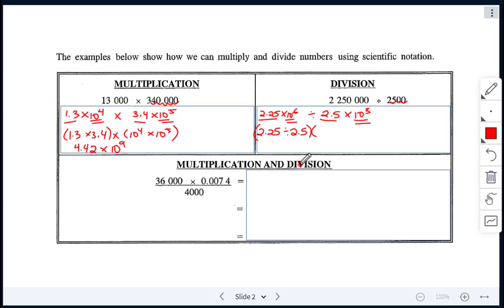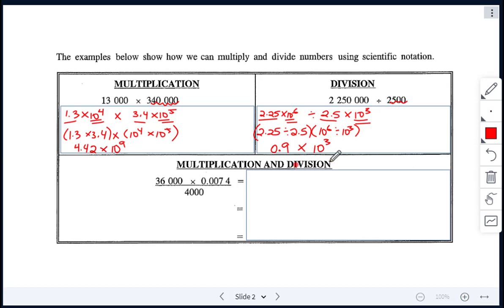So what would we do to our exponents there? That's correct. We would subtract them. All right, so 2.25 divided by 2.5, that just gives me 0.9. And then we have times 10 to the power of 3.